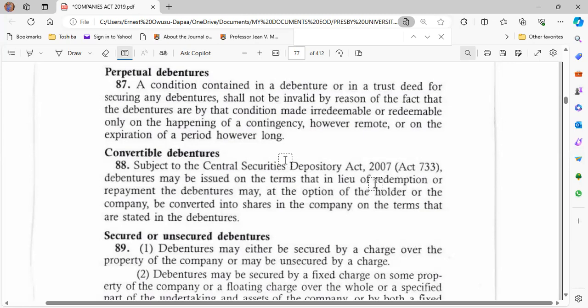Before we move on, some of the provisions say subject to the Central Securities Depository Act. And I hope you've not forgotten what the Central Securities Depository Act is about. When we were discussing share certificates, we talked about the concept of dematerialization, where companies whose shares are governed by the Central Securities Depository Act regime have their paper share certificates converted into digital form, or into numbers, as it were.